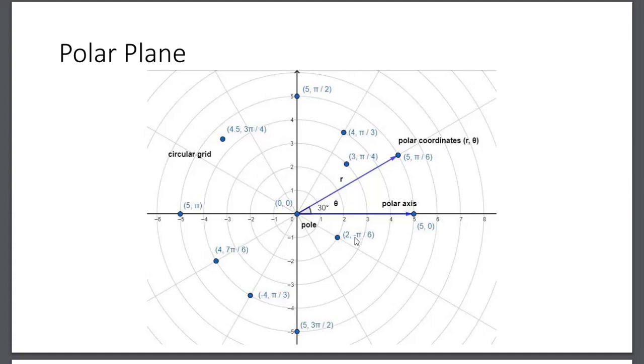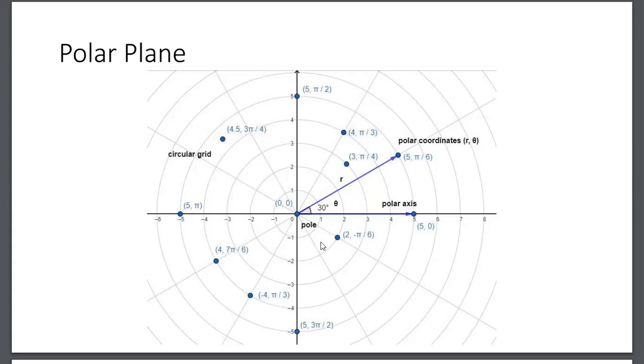Here's a 2 and a -pi over 6. So this shows you how you can place points using the coordinates that are a distance, a signed distance, and an angle, a signed angle. Remember, the positive angles rotate this way, and the negative ones rotate this way.